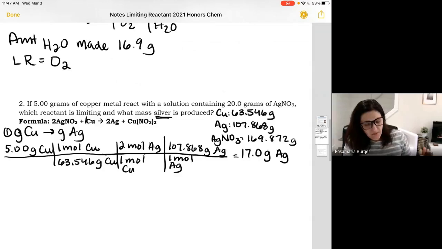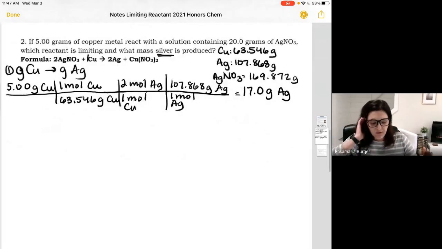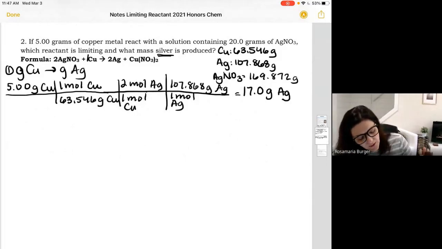Okay. So now let's figure out what our other substance can give us in terms of Ag. So number 2, we're going to go from grams of AgNO3 to grams of Ag.